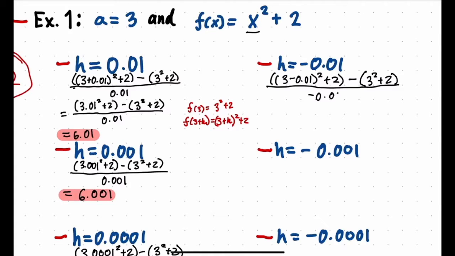Over negative 0.01. So this equals (3 minus 0.01 is not 3, it's 2.99) squared plus 2, minus 3 squared plus 2, over negative 0.01, which equals 5.99.